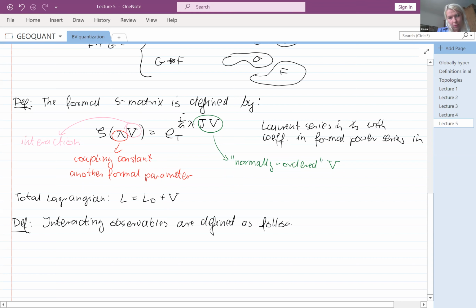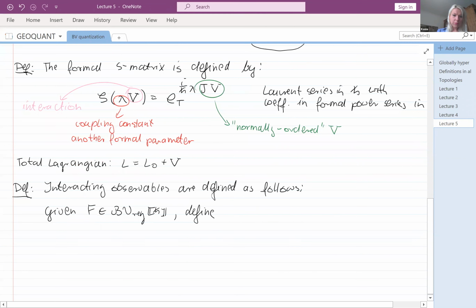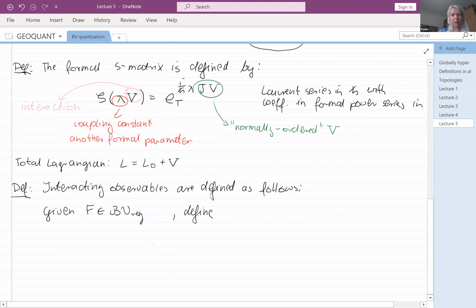So given F, which is now one of those regular objects, let me just take one without any higher powers in h bar.